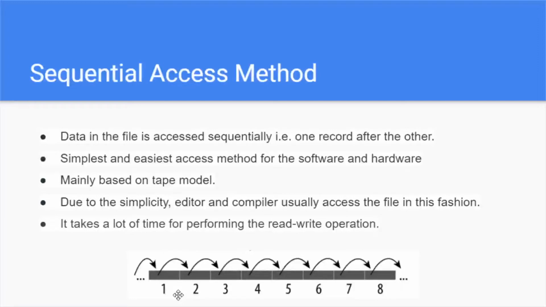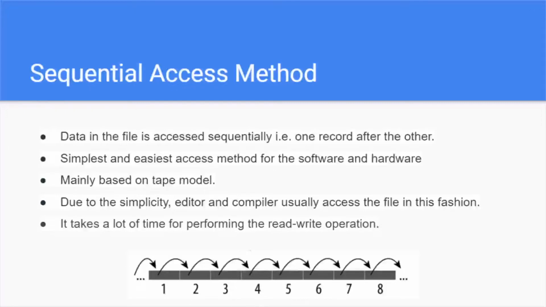So the first one is the sequential access method. In this method, data in the file is accessed sequentially, that is, one record after the other. Suppose we have to access a file having 8 records.